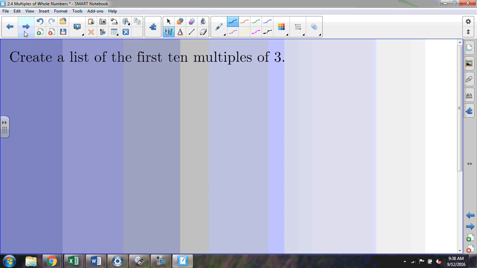Now, it's worth noting that I've been writing these out horizontally. That's just the way I prefer to do it. I like using one line instead of a bunch. But there's absolutely nothing wrong if you chose to start writing it vertically. 3, 6, 9, 12, 15, 18, and here's where I'm going to stop for a second. Let's say that you're having a hard time remembering the next one.